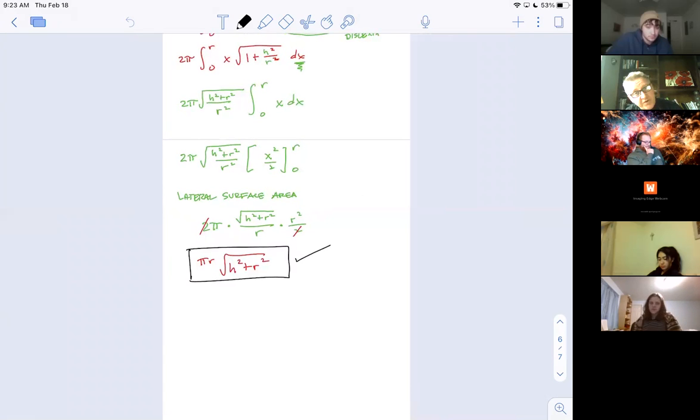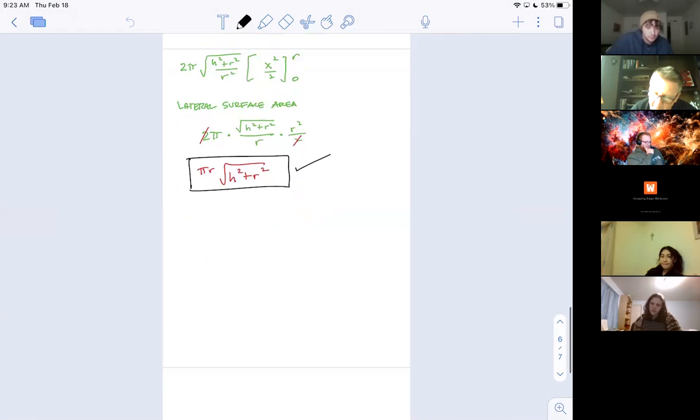The other thing I wanted to show you, that I'll show you at the start of tomorrow, and if you want to think about this ahead of time, just to see if you can figure it out yourself: the surface area of a sphere, you may remember, is equal to 4 times pi times r squared.